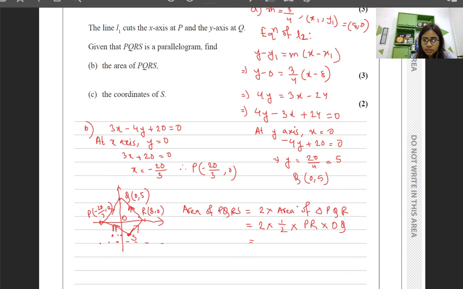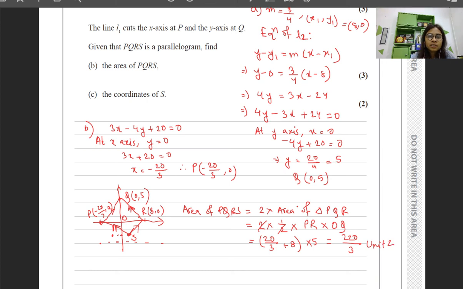So PR is basically PO plus OR, that is 20 over 3 plus 8, into OQ, which is 5, which gives us 220 over 3 units square.